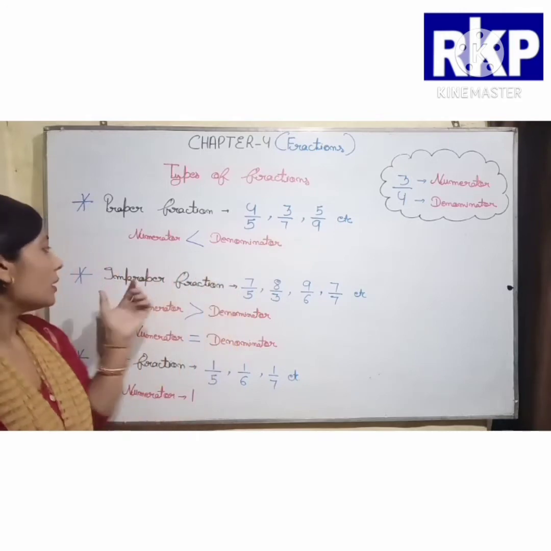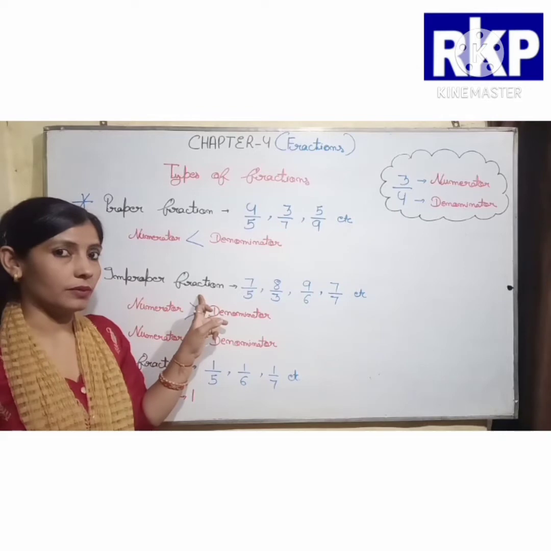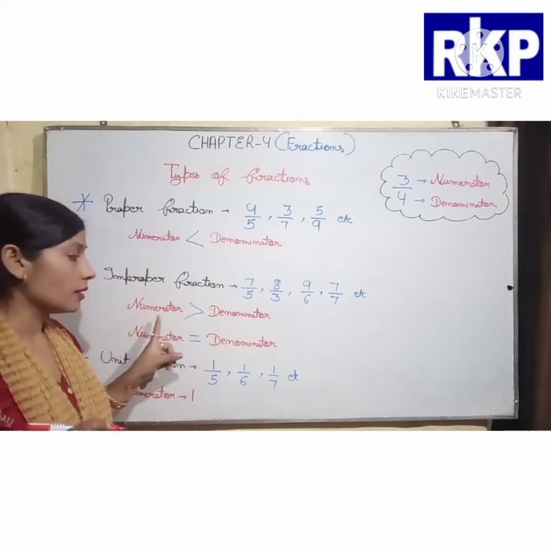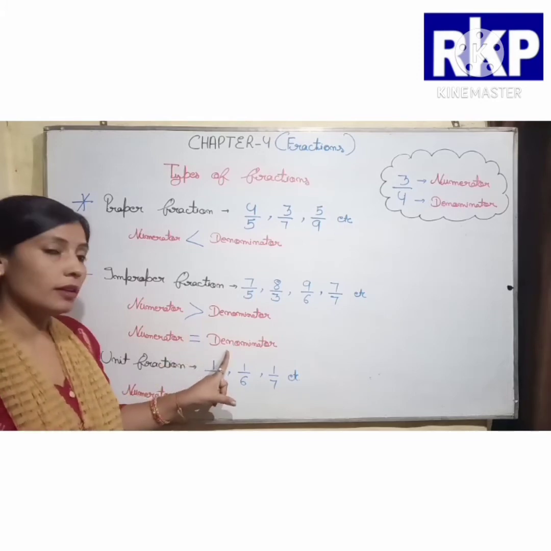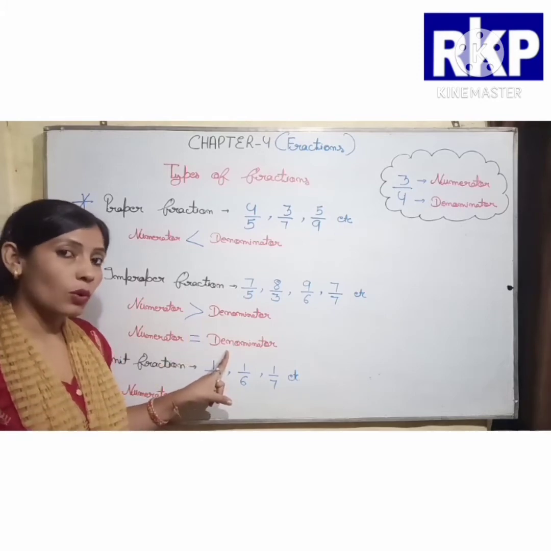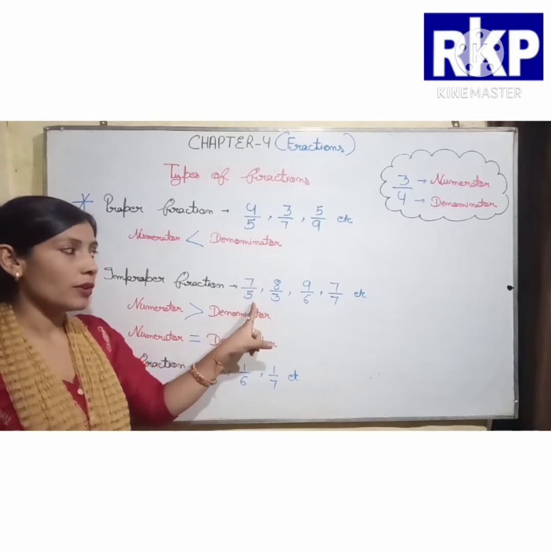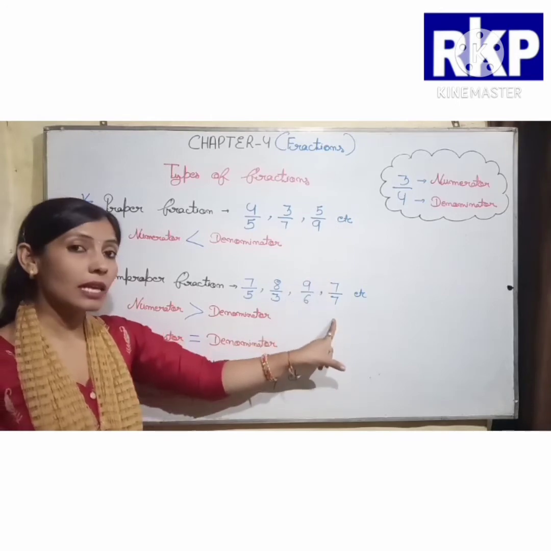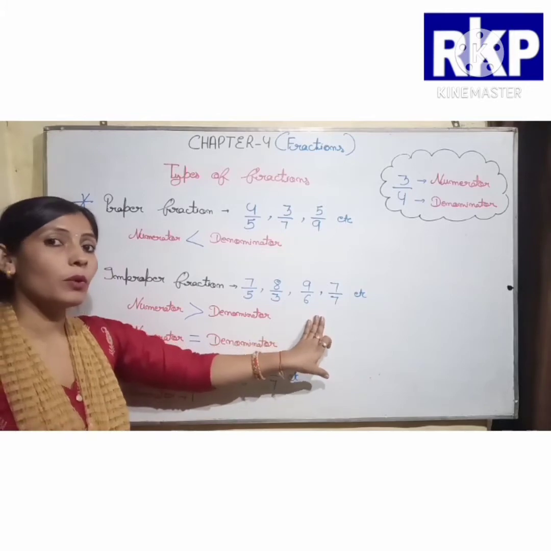Okay. Now beta, let us see next. Improper fraction. A fraction in which numerator is greater than or equal to the denominator, that is called improper fraction. For example, 7 by 5, 8 by 3, 9 by 6, 7 by 7 also, okay, etc. So these are improper fractions.